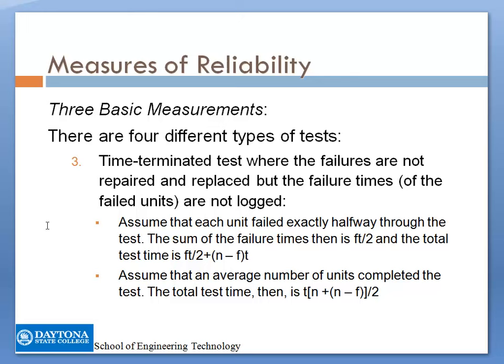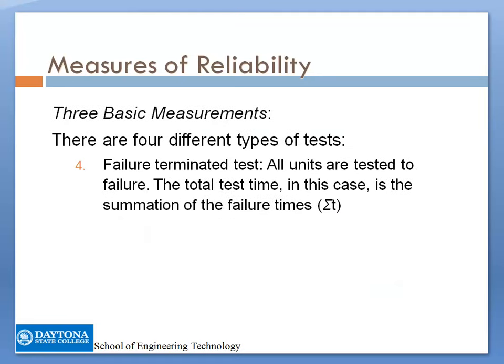But this is based on the design, based on the different criteria that you might have. And the fourth type of test is the failure terminated test, and this is where all units are tested to failure. The total test time is the summation of the failure times. So these are the different ways that you calculate that T that is needed to calculate the failure rate value.